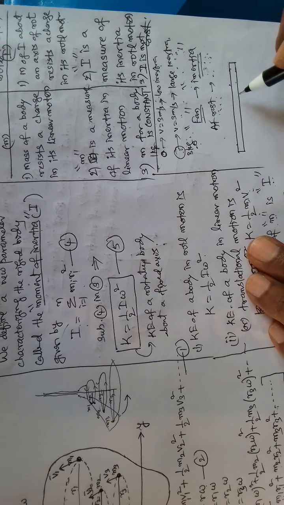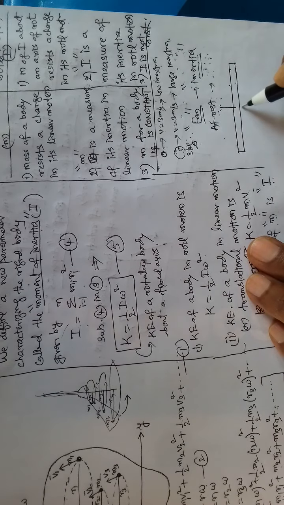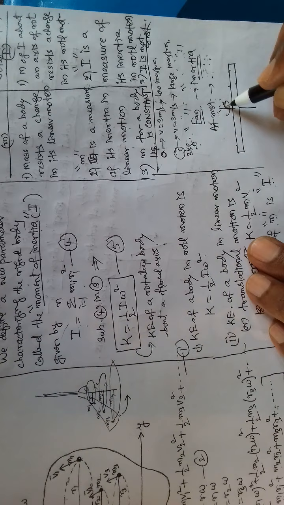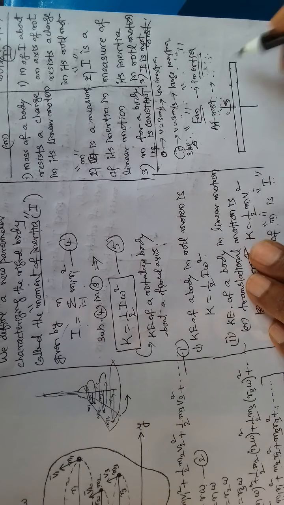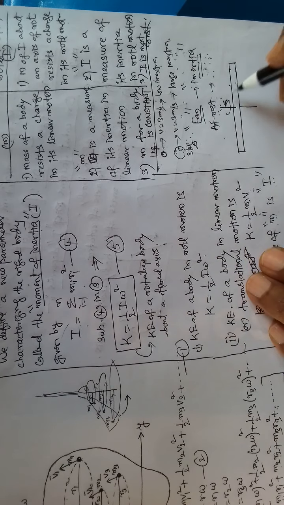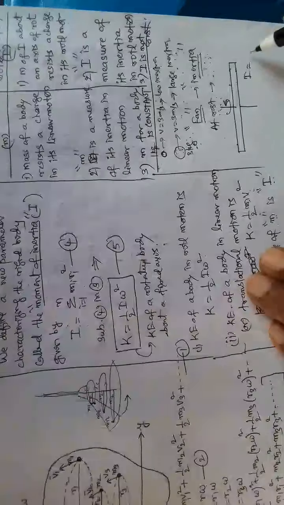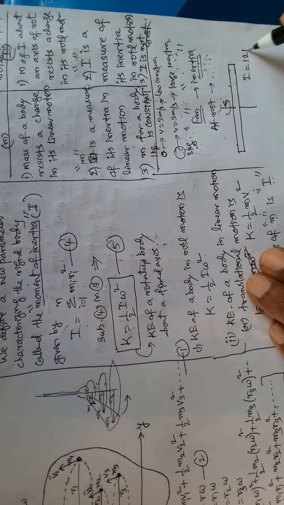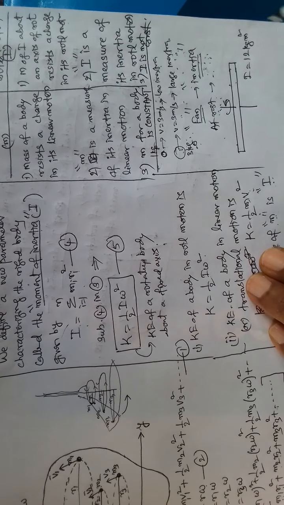I value depends upon the axis of rotation. If the meter scale is rotating about its center of mass, it will have a certain value, say suppose 12 kg meter square.